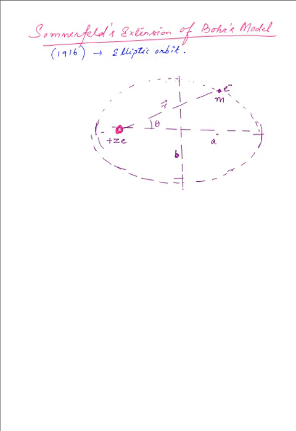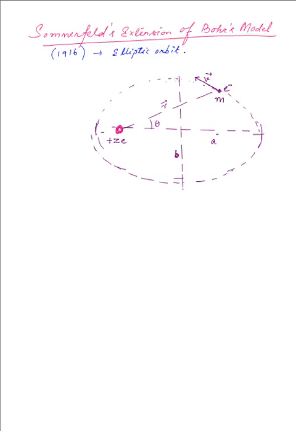The velocity of the electron at that instant is directed tangentially with respect to the orbit. This is that tangential line, which gives us the velocity at that given instant of time.